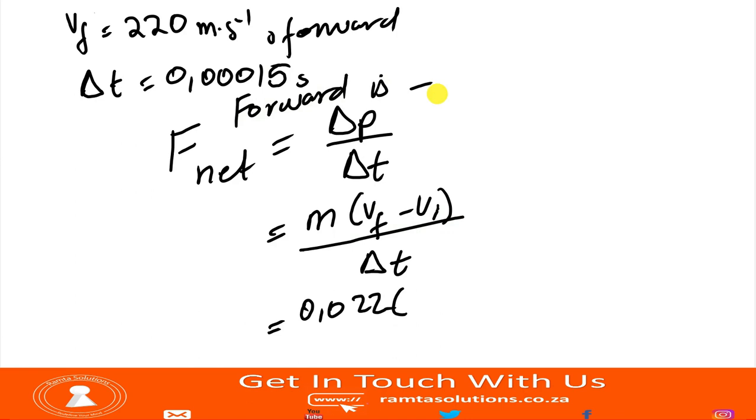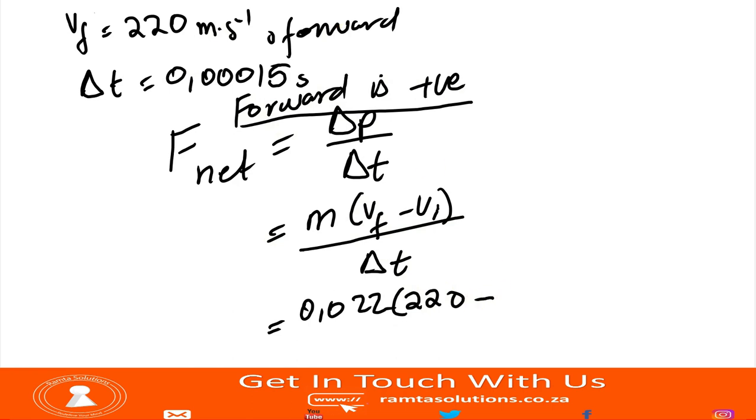You should always state your direction when doing vector calculations. Now, what is the final velocity? It's 220 meters per second in the same direction. Since it's in the same direction, it has the same sign. It's 220 because we said forward is positive.